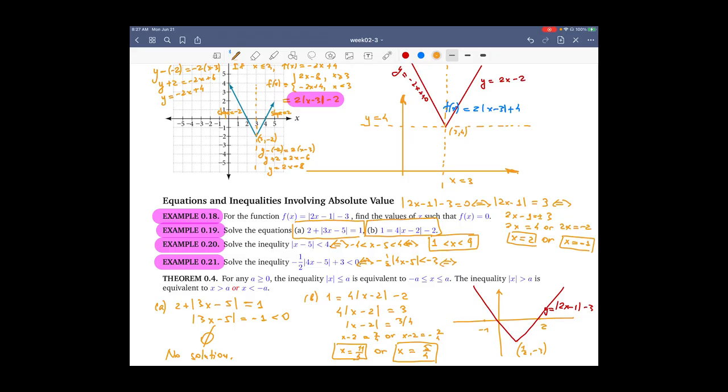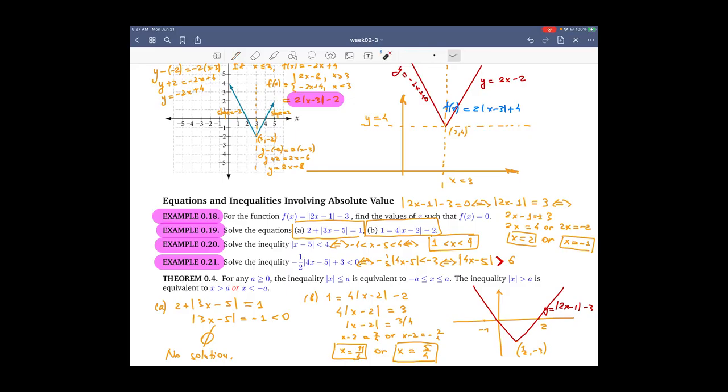Multiplying by -2, we get absolute value of 4x minus 5 is greater than -3 times -2, which is 6. Again, we had to flip the sign. It's a common mistake to forget to do that.